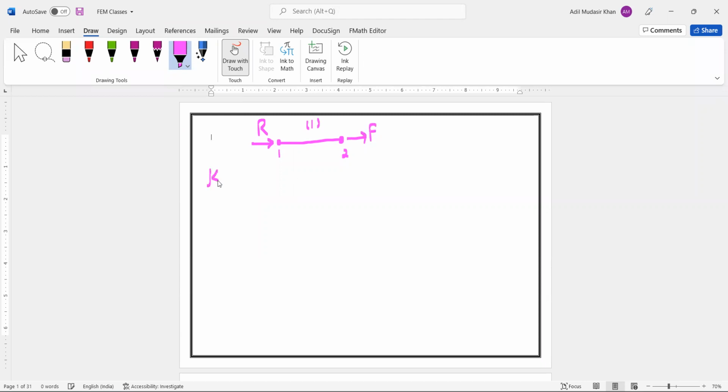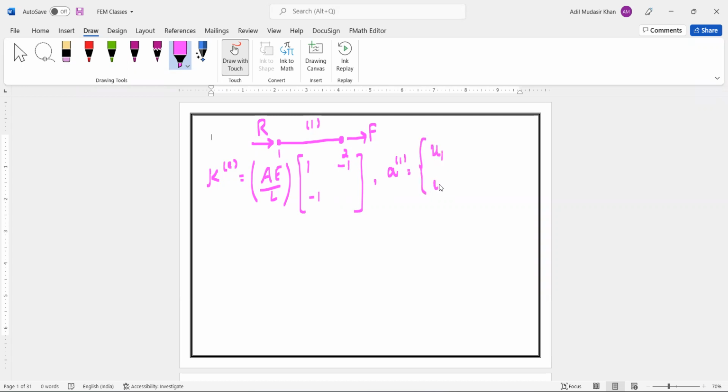We'll first write down the element stiffness matrix, that is AE by L into [1 -1; -1 1]. We'll also note down the nodal displacement matrix.